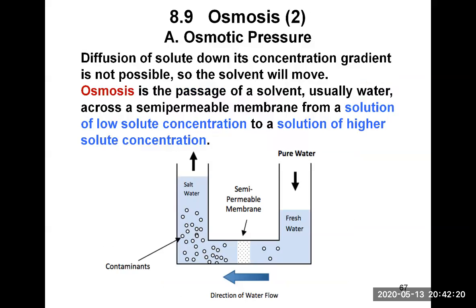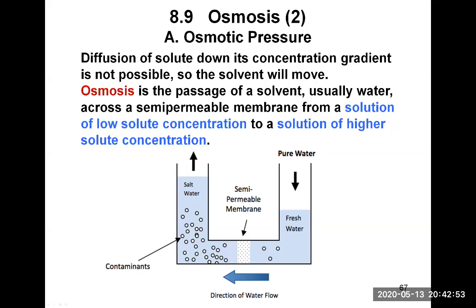This illustration shows a container that looks like a tube with two sides, and in the middle at the bottom you have a semi-permeable membrane. The solvent is water on both sides, and you see what is called the contaminant, or solute. There is a lot more solute on the left side and very few solute particles on the right side.